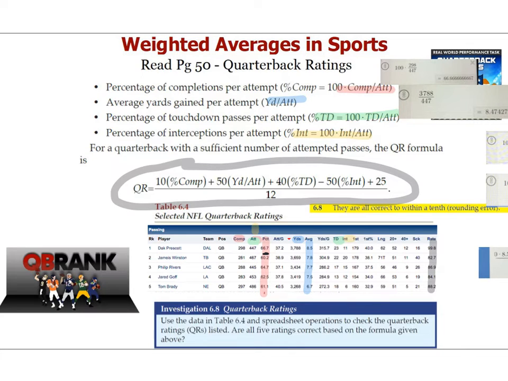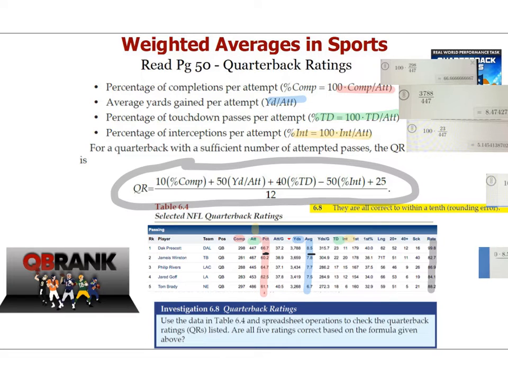You can see that I got 8.47, which in the table they rounded to 8.5. Next we're going to find our touchdown percentage. You can see that he scored 23 touchdowns per 447 attempts. So when we do 100 times that, it comes out to be 5.14. You could round that to 5.15.